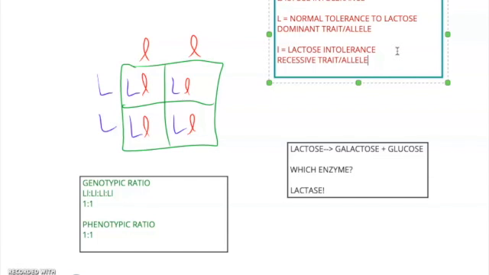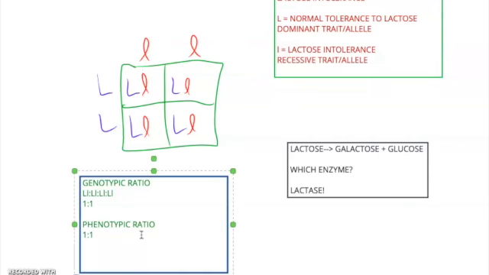Okay, and so you can see over here in the Punnett square, what is the percent likelihood that the offspring will have lactose intolerance? There's a 0% likelihood of lactose intolerance in this case.